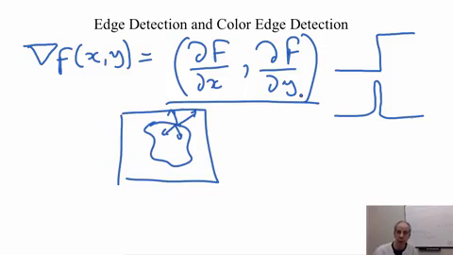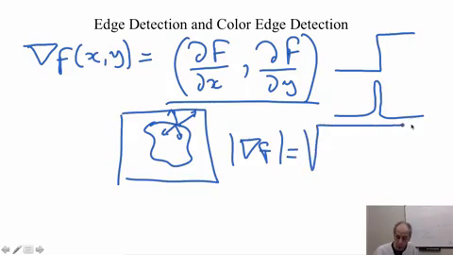So it's a very, very interesting object. How much are you changing? That's what's called the absolute value of the gradient. The absolute value of the gradient of f, that's basically the definition of the magnitude of a vector.